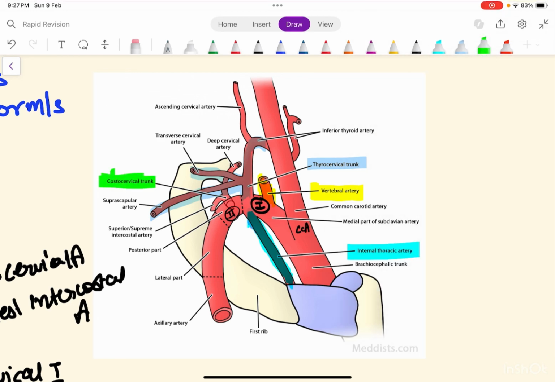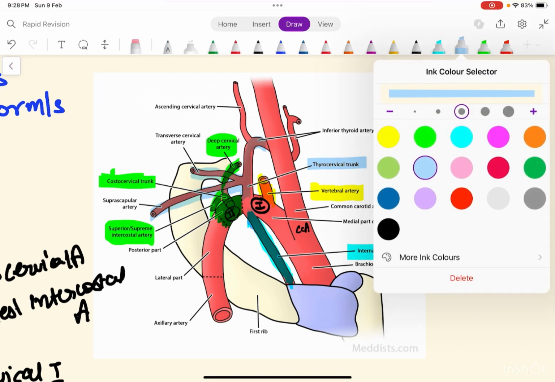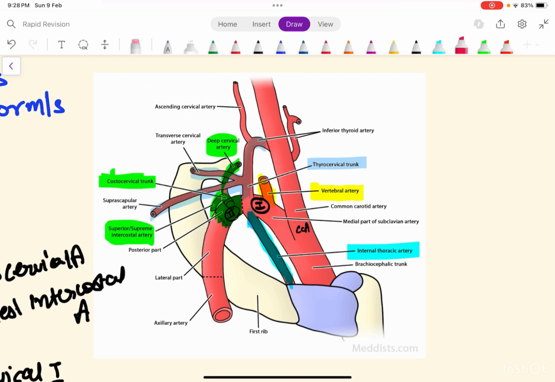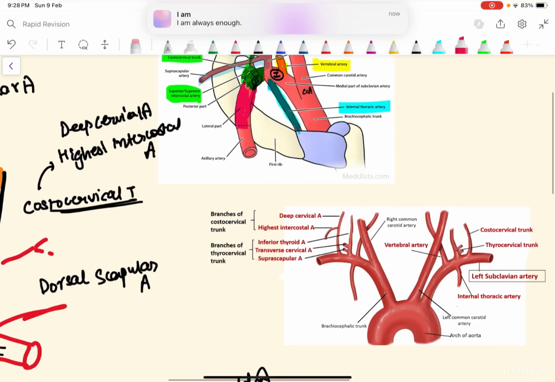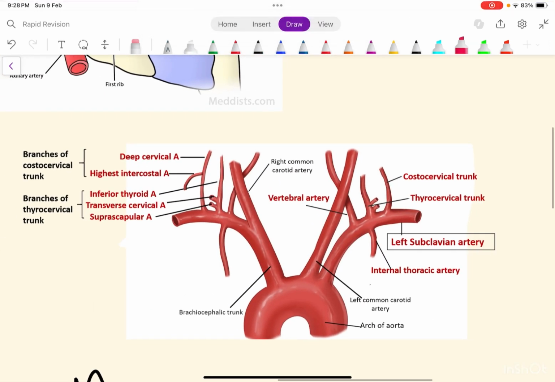From it we have the deep cervical artery and the superior, or highest, or supreme intercostal artery. So the second part is done. Then the third part is vitamin C, D for the dorsal scapular artery. They've not mentioned it because usually it's absent.